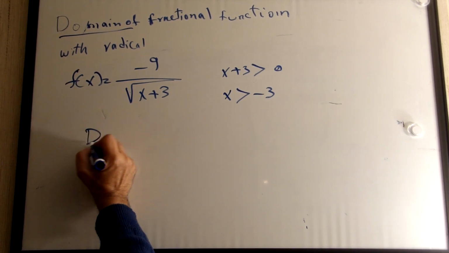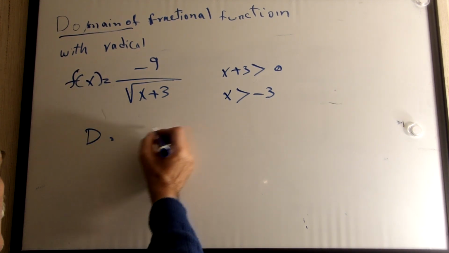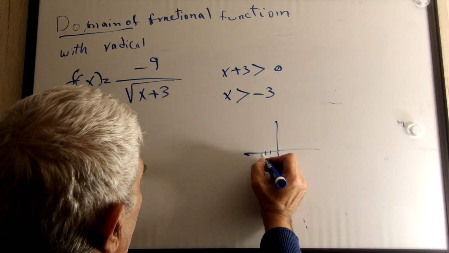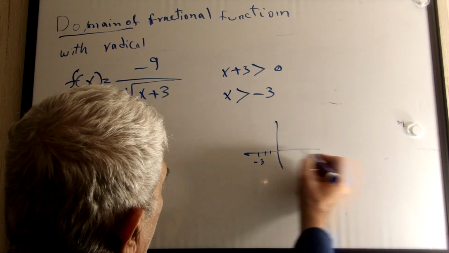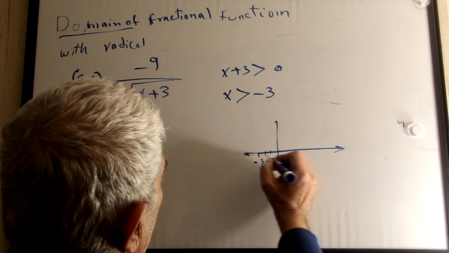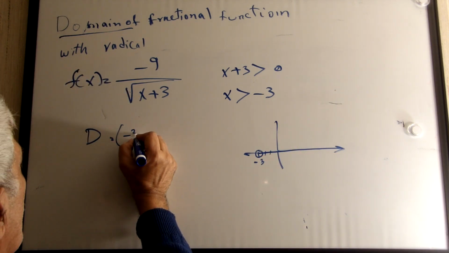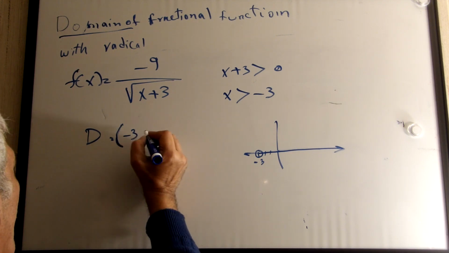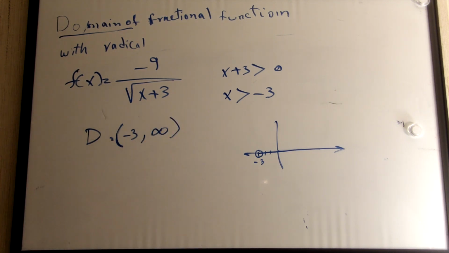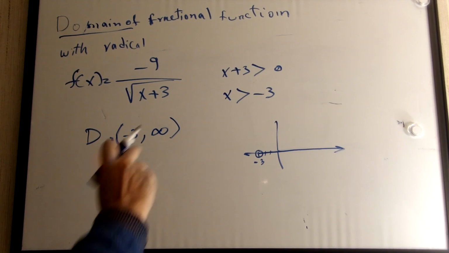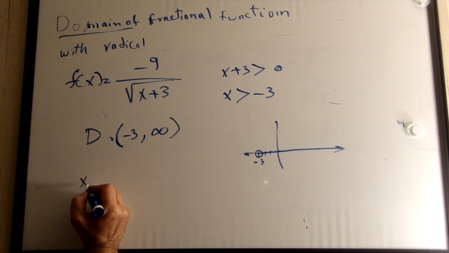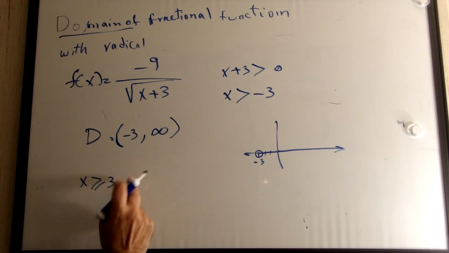So the domain of this one is greater than minus 3, means here 1, 2, 3, minus 3 is going to be greater than this one. It's going to be going this way. So the domain is greater than minus 3 up to plus infinity. But suppose that it was greater than or equal to 0.